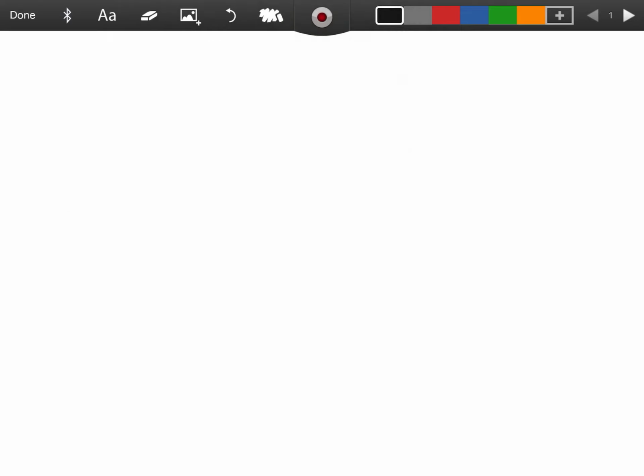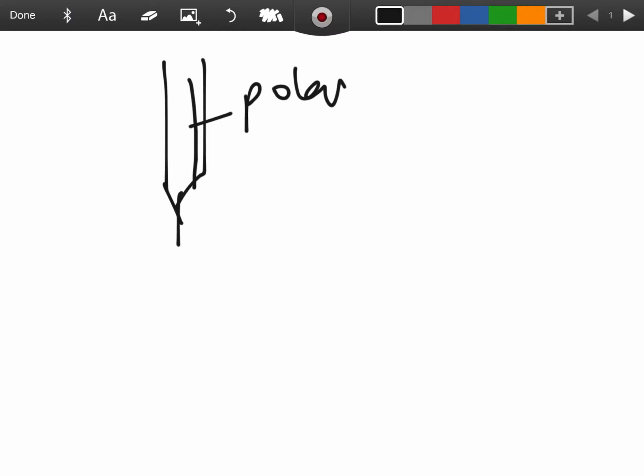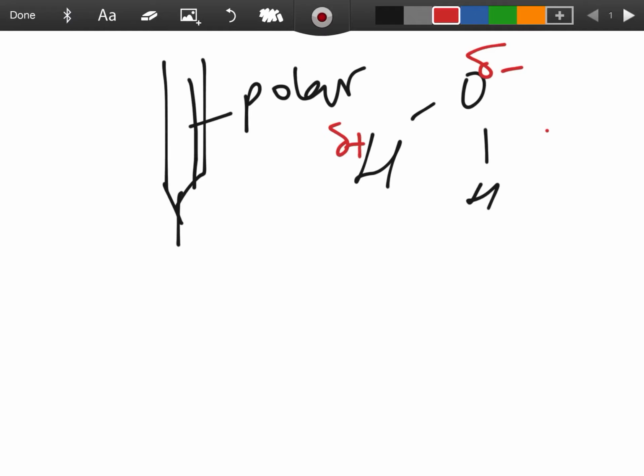When a charged rod is held close to a thin stream of water from a burette, the stream is deflected. They asked you to explain that. Remember, if this is your burette and you have water inside it, water is polar, so H2O has slightly negative oxygens and slightly positive hydrogens.